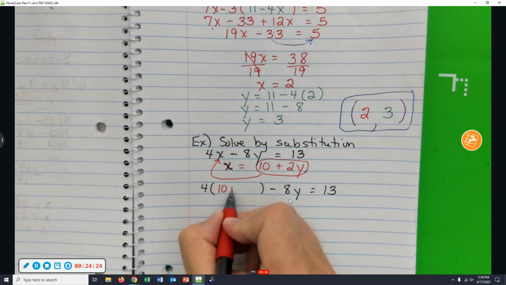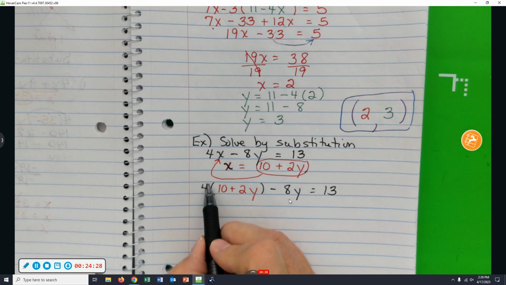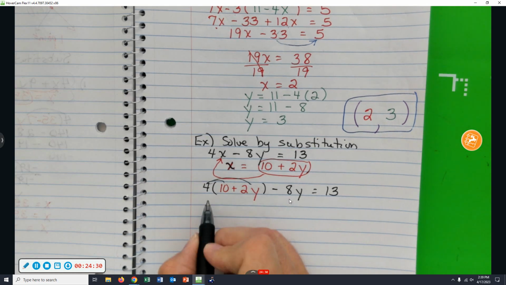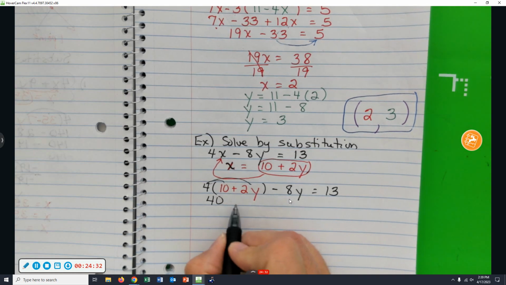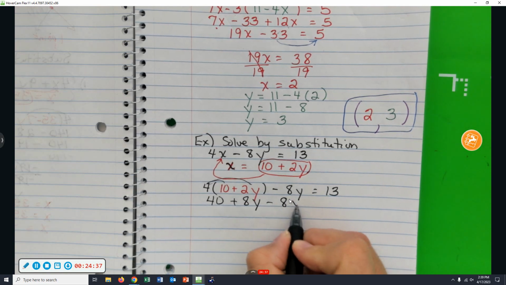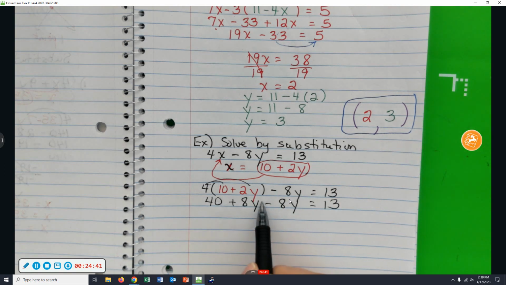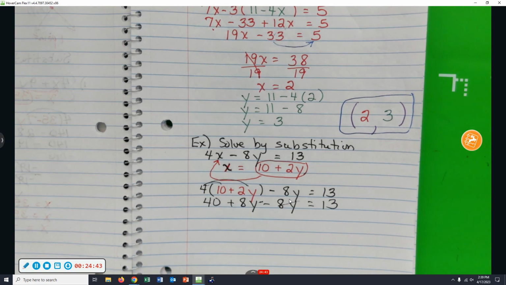And look at what we have. We would have 40 plus 8y. Did y'all hear that? What's about to happen to the variables? So the 8y subtract out.